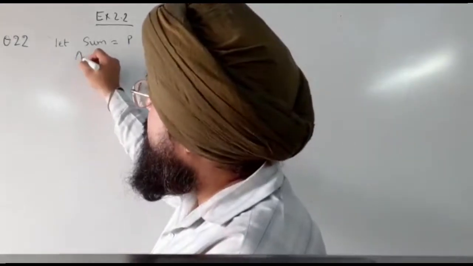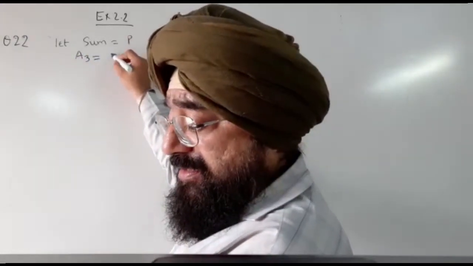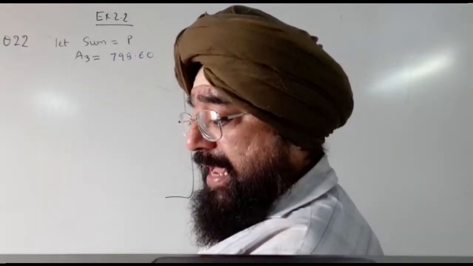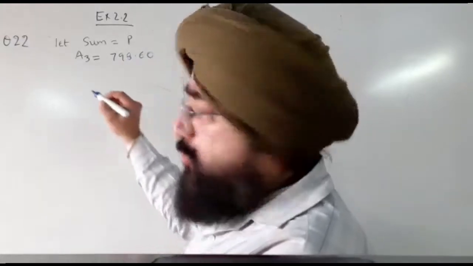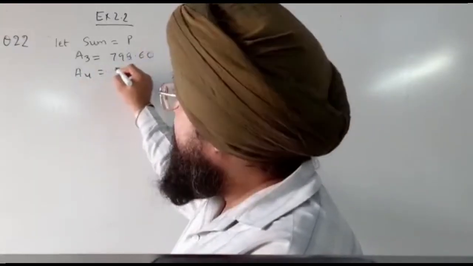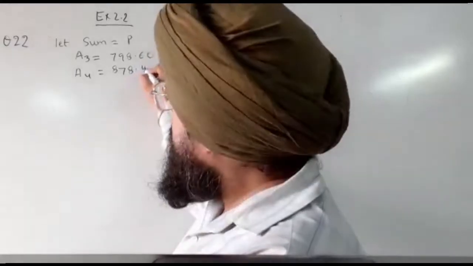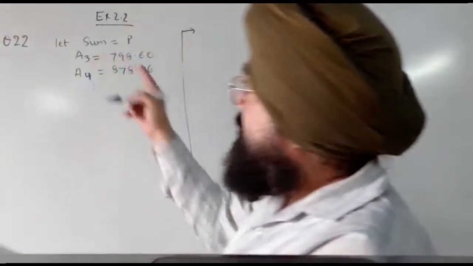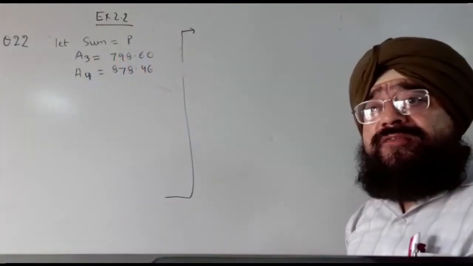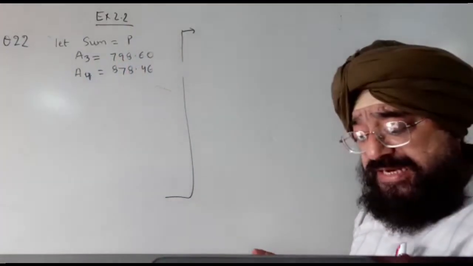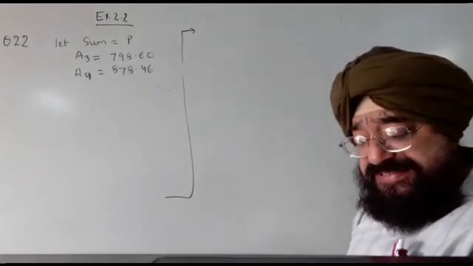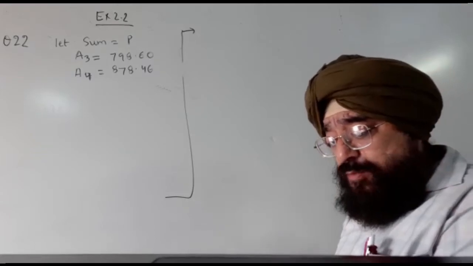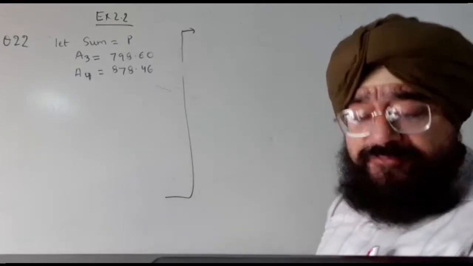That is, the amount at the end of 3 years is 798.60. And moreover, it amounts to rupees 878.46 at the end of 4 years. This is given. That is, whatever sum is assumed as P after 3 years is giving 798.60, and after 4 years is giving 878.46. Find the rate of interest and the sum.